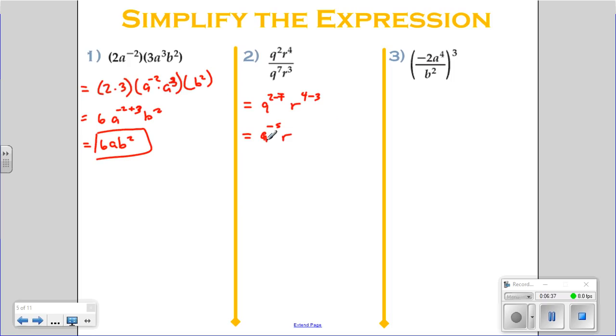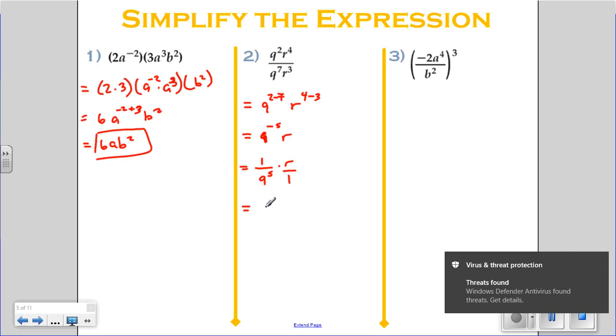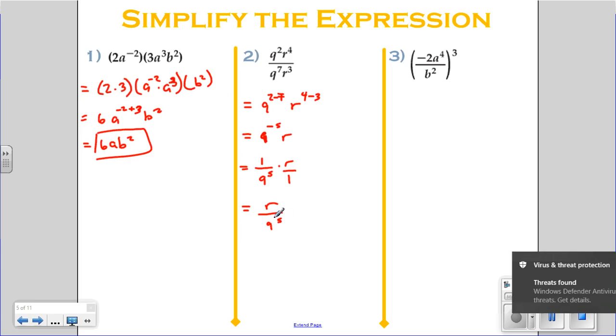So again, you can't leave negative exponents. So remember the negative exponent rule says make it the reciprocal with a positive power. So 1 over q to the fifth times r, and r is over 1. So now when you multiply straight across, you would have r over q to the fifth power.